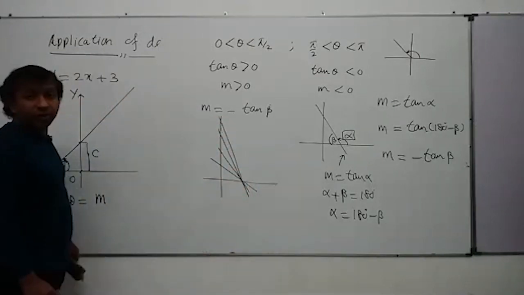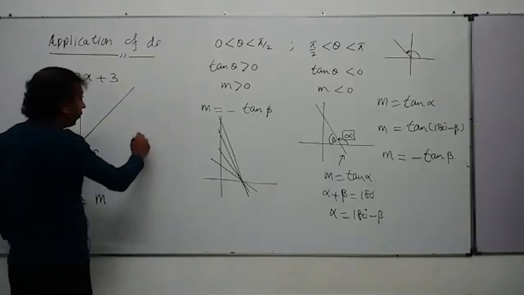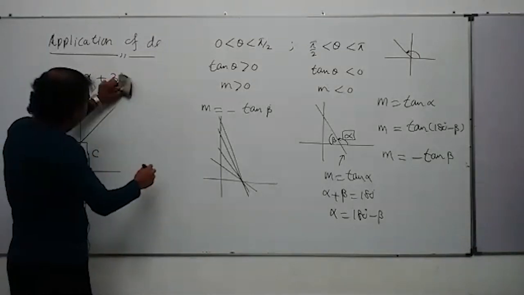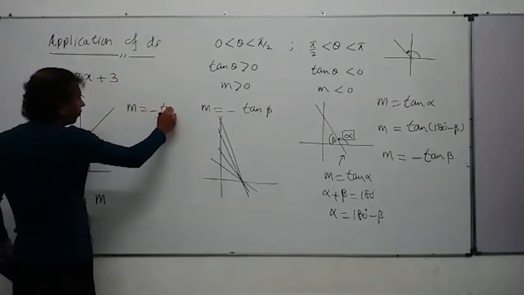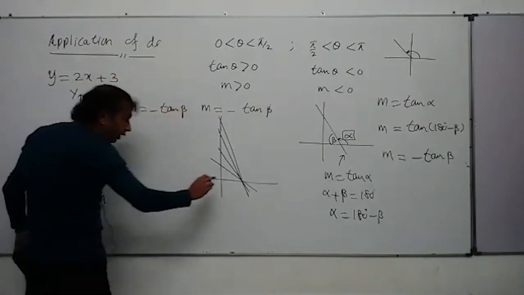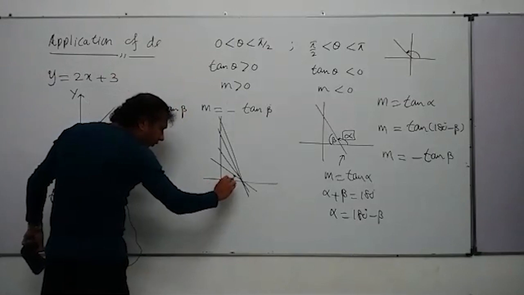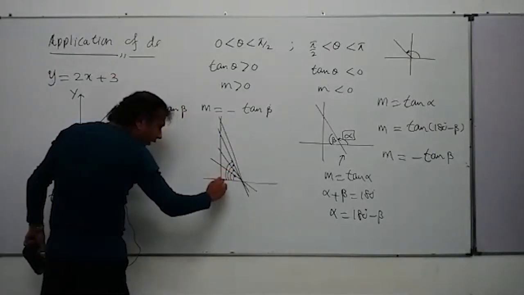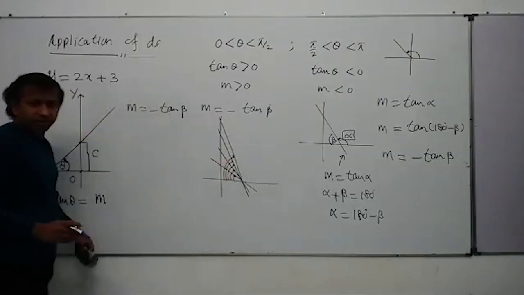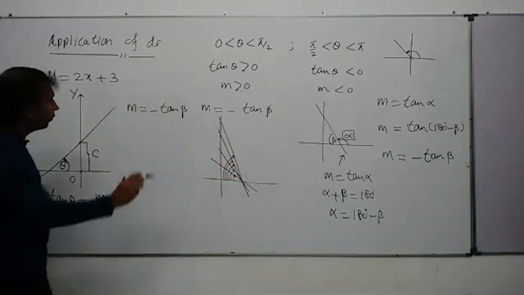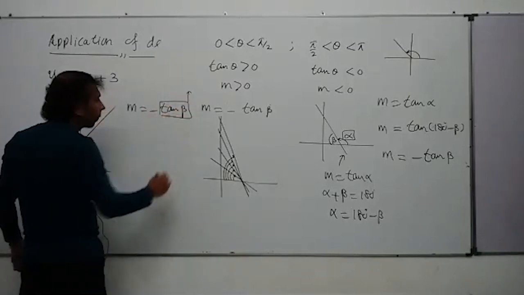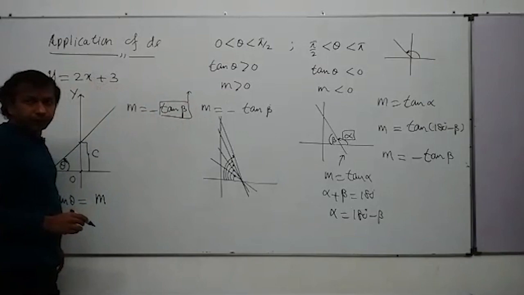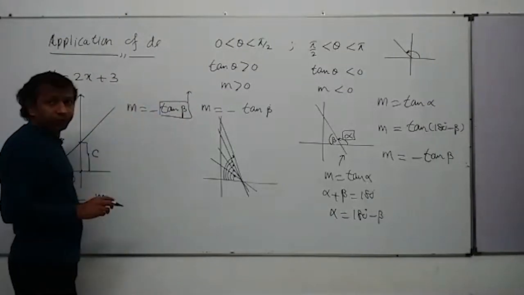Now, what happened to this gradient, people? You know, the gradient is given by minus tan beta, no? M is minus tan beta. Right. When the angle increases like this, this angle is now beta. When it increases, people, you know, this tan beta increases. Right. But before that we have a minus sign, no?